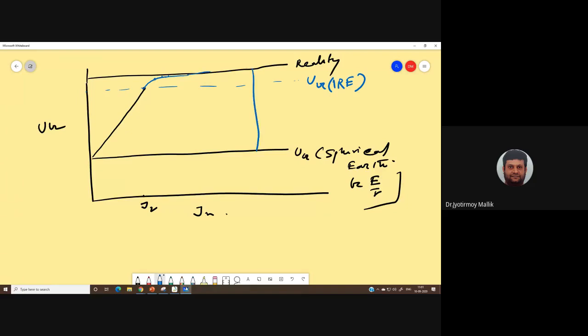When I go to J infinity, I'll touch my reality. But at each step, by increasing the number n, hence increasing the coefficient of J, I'm going one step closer to the reality.